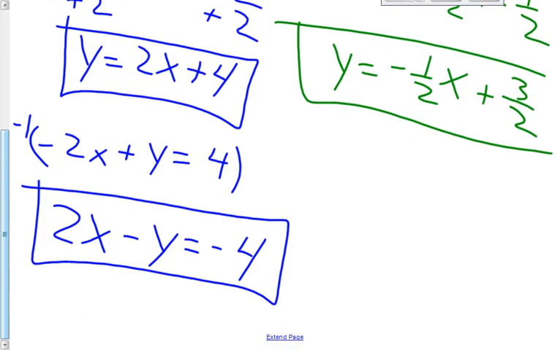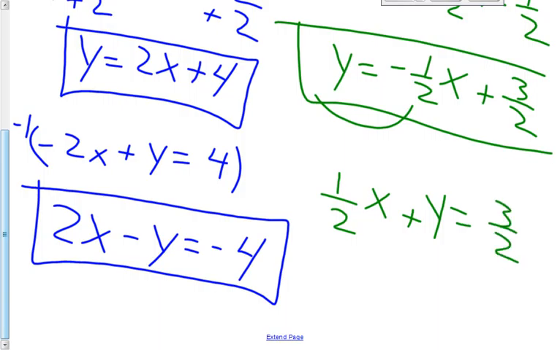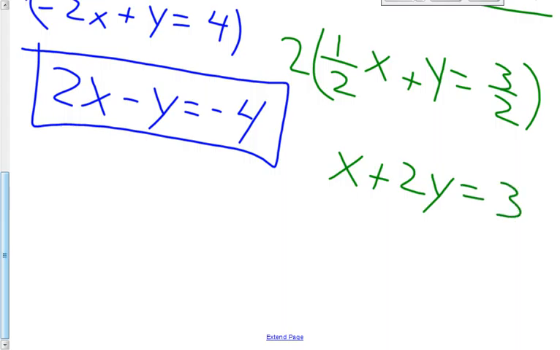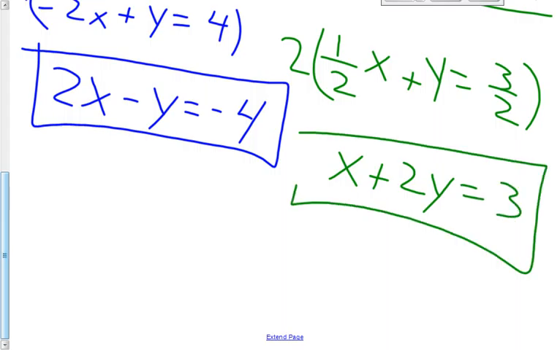Now your standard form, let's add this 1/2 x, a positive 1/2 x plus 1y equals 3/2. Fractions be gone by multiplying by 2. And then we would get a positive x plus a positive 2y equals a positive 3. And those are your answers for perpendicular.